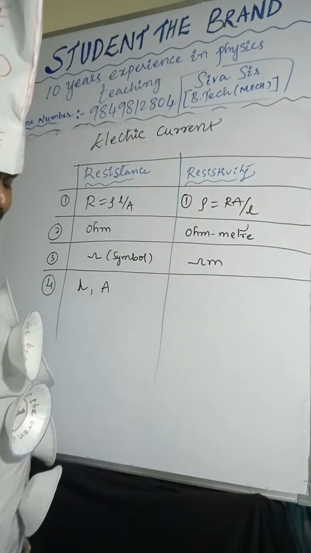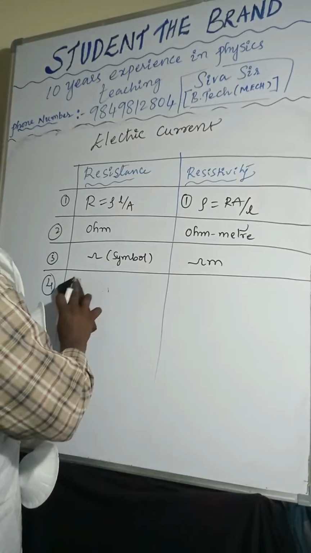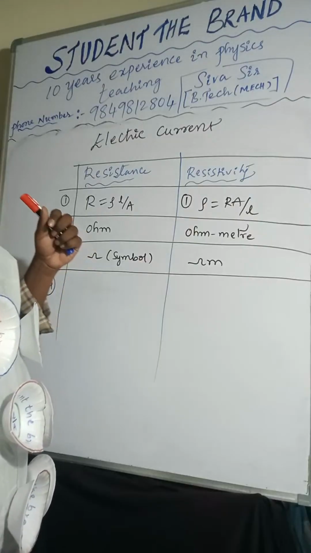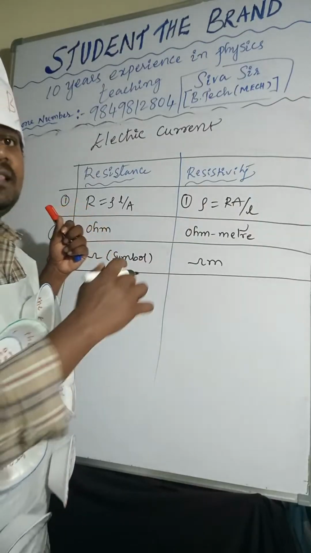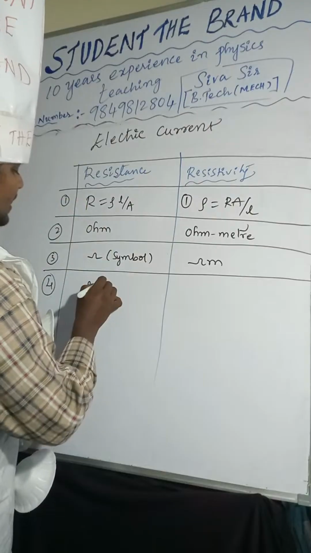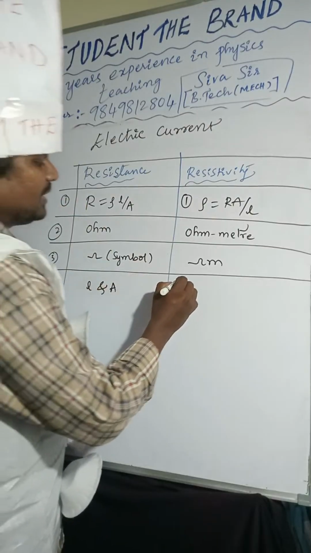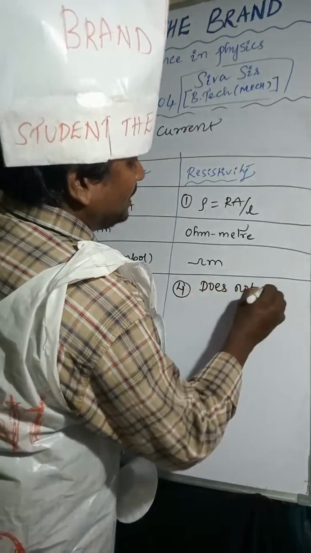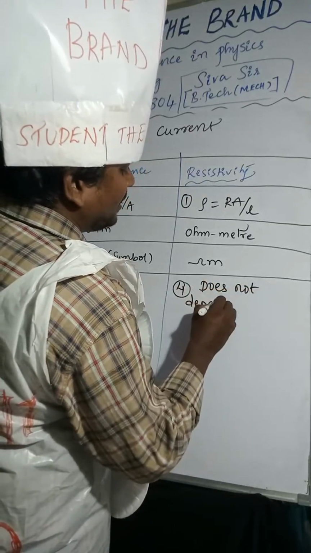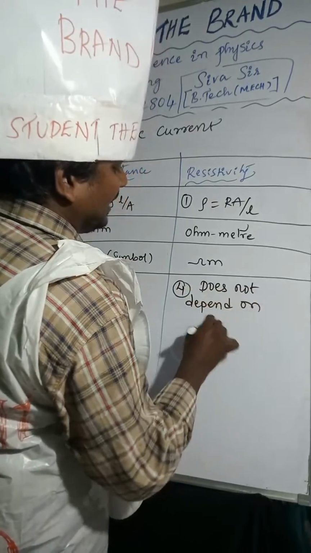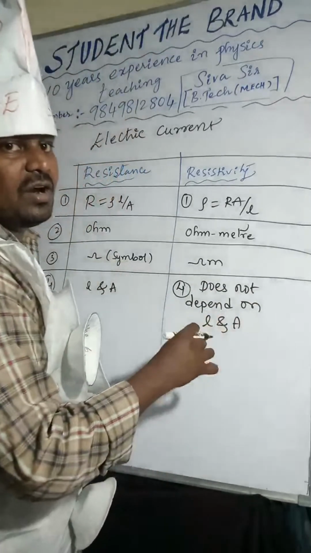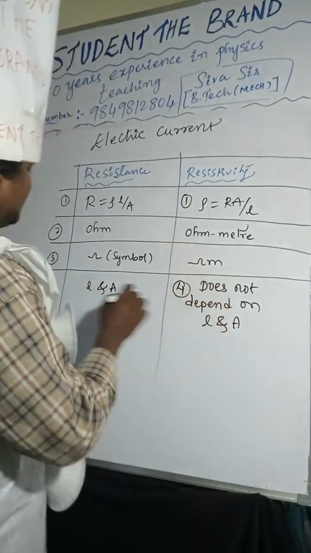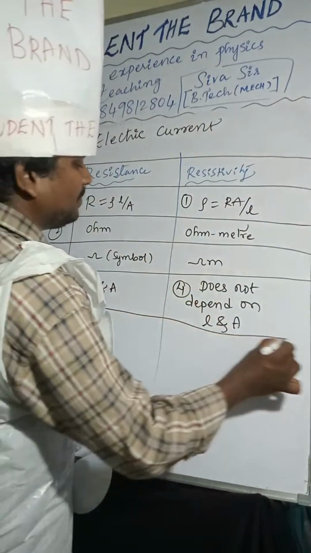Resistivity does not depend on length and area, which are also called physical dimensions.